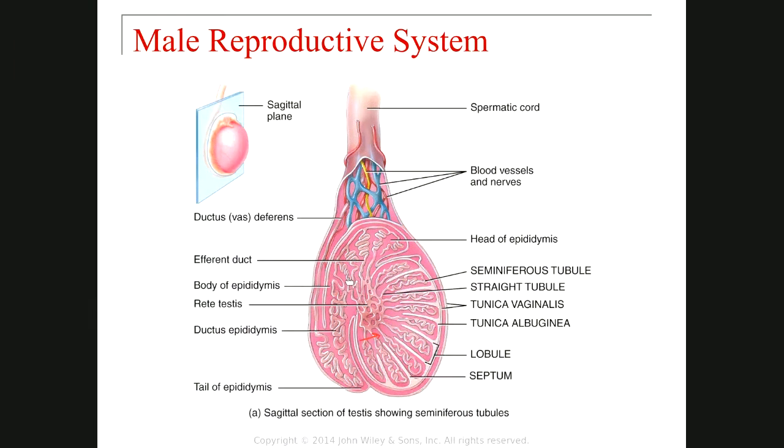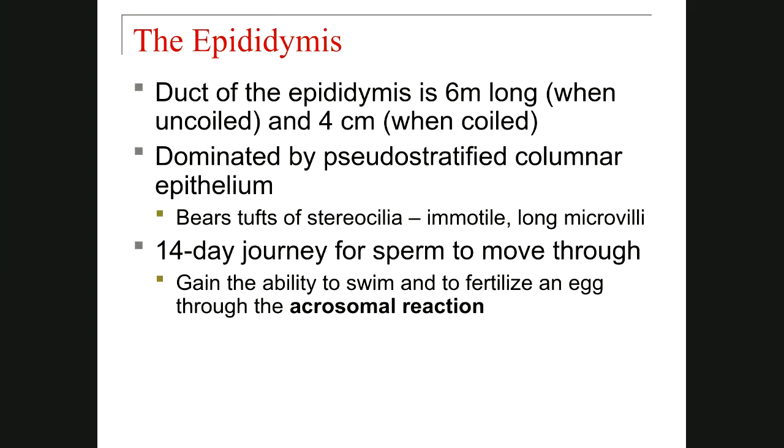These efferent ducts combine together and make the epididymis. So, first we have seminiferous tubules. After that, we have a straight tubule. Then we have the rete testis. After the rete testis, we have efferent ducts, and the efferent ducts make the epididymis. These are the duct system which you have in the male reproductive system.